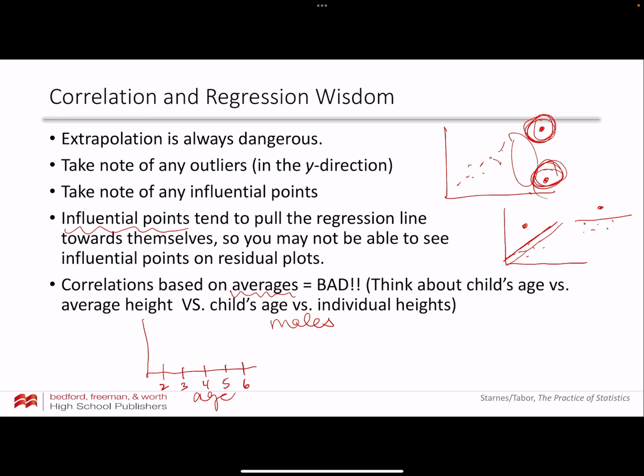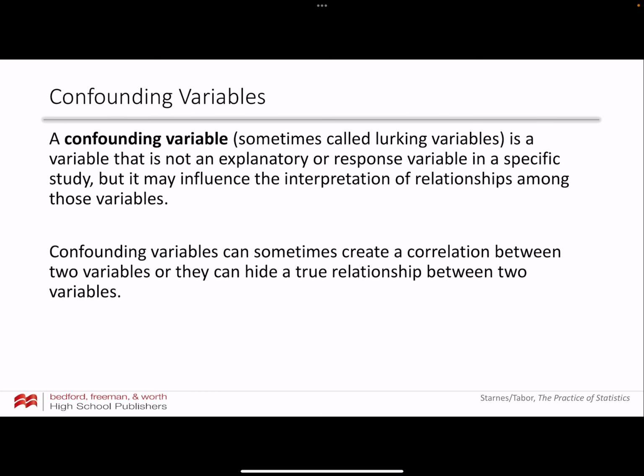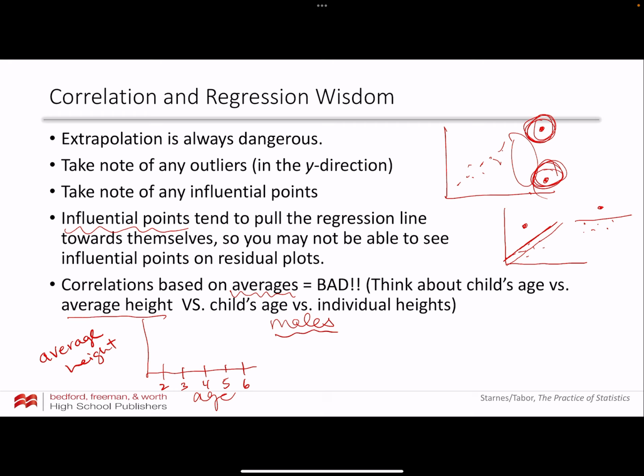And if I were to say average height of males, there's going to be a really strong, possibly linear, but maybe even nonlinear relationship between these two variables, the age and the average height.